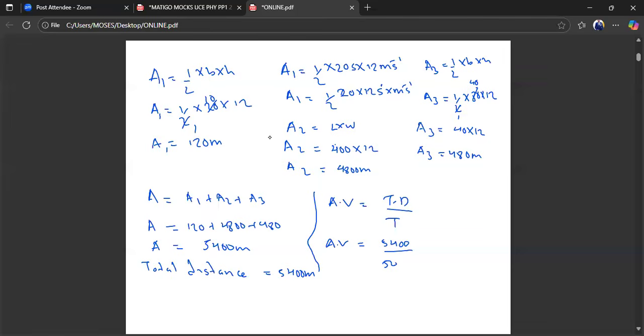Total time is 500 seconds. Then we say 5400 divided by 500, which gives me average speed as 10.8 meters per second.